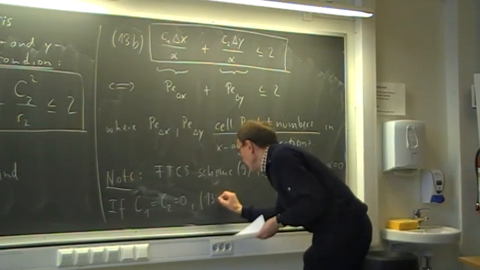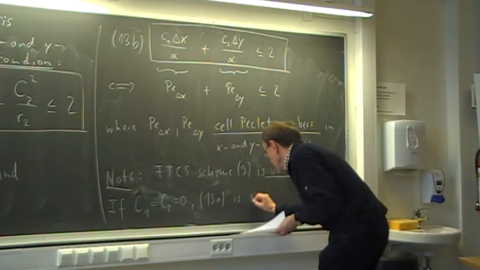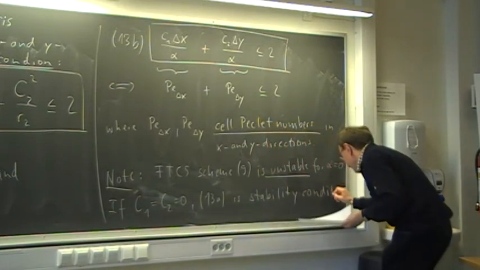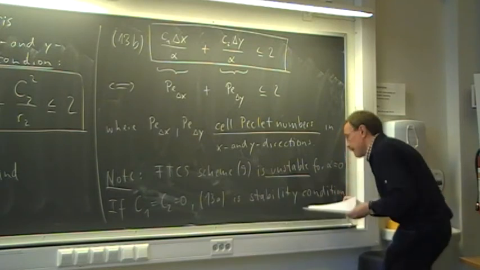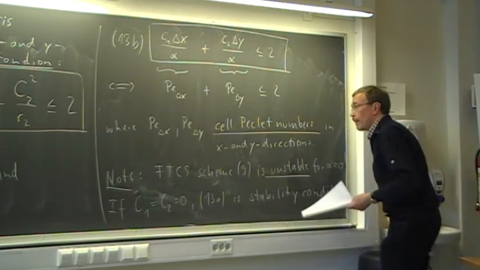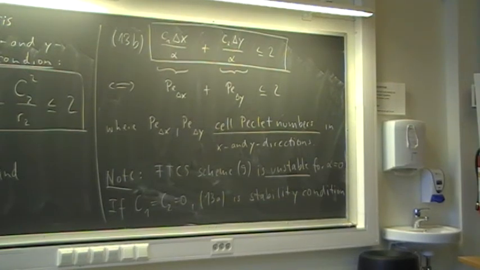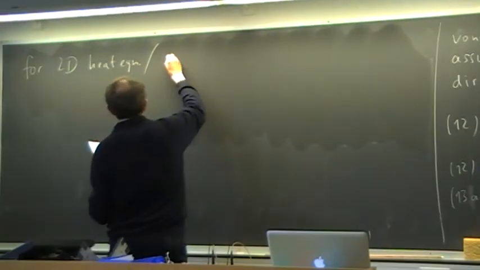So 13a is the stability condition for the two-dimensional heat equation or 2D diffusion equation.